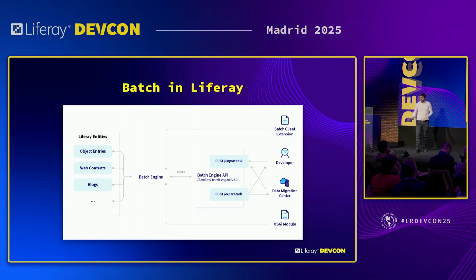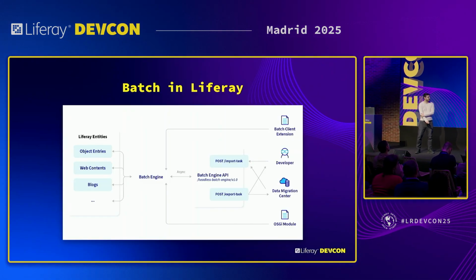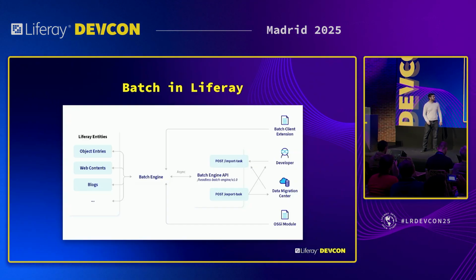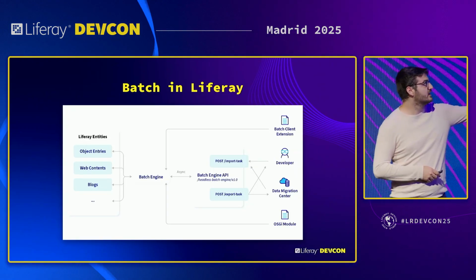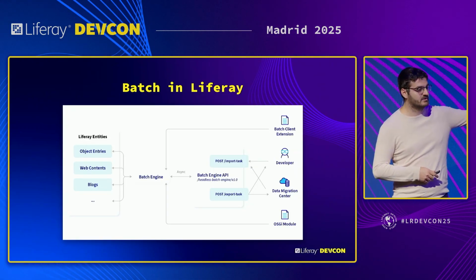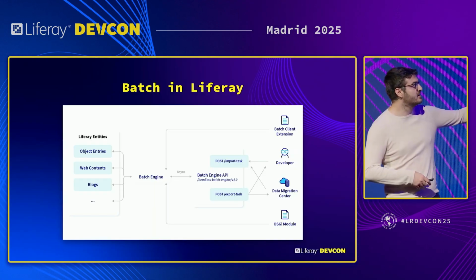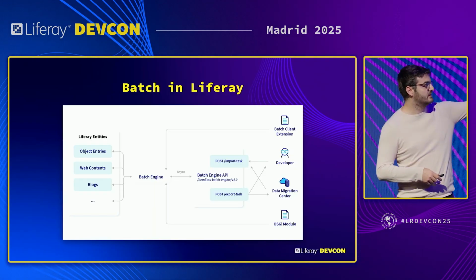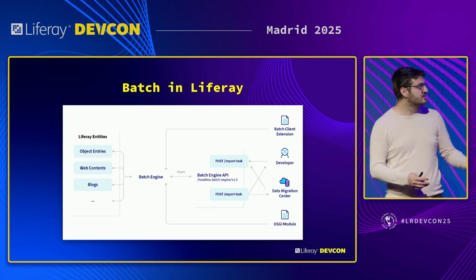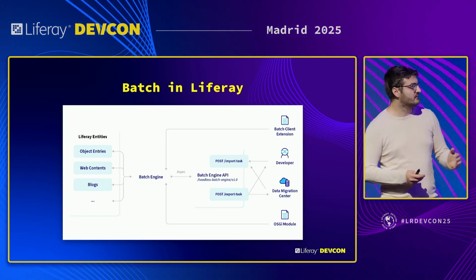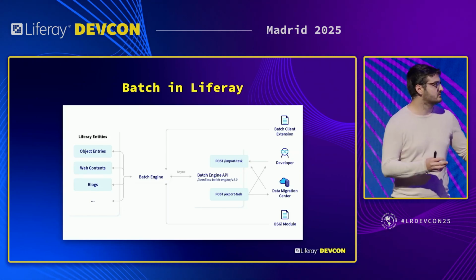Batch in Liferay, I think most of you know what it is about, but we will give a little bit of explanation of what we have. We have a lot of entities that are currently working in the library API, and we can consume them with the batch engine to import and export bulks of data through it. And we have some tools that allow us to work like that.